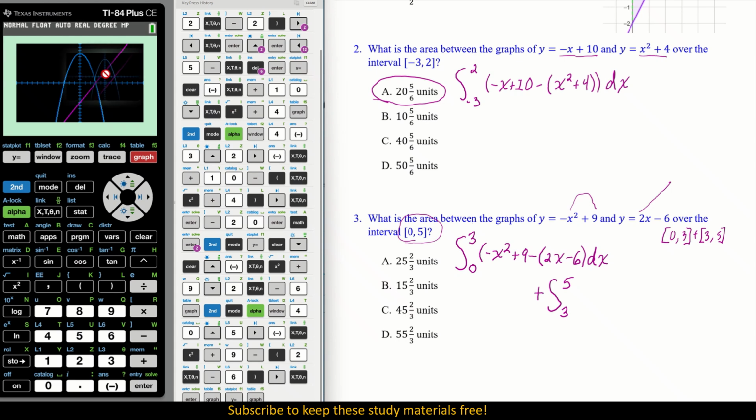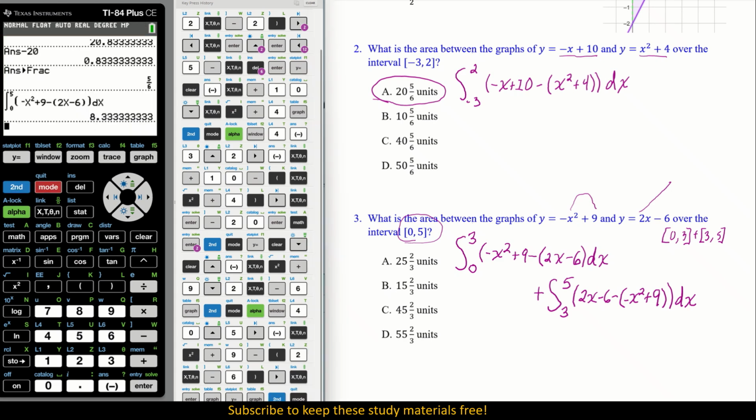You go up, and what happens is the pink is above the blue. Okay, that means your straight line is above the curve. So from this point on, the situation is 2x minus 6 minus the minus x squared plus 9 dx. So we need to put all of that in the calculator exactly the way we see it.